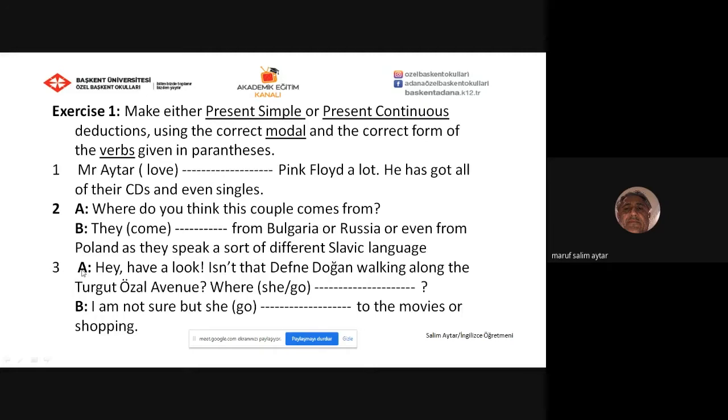In the third conversation, it says, hey, have a look. Isn't that Defne Doğan walking along Turgut Özal Avenue? Have a look gives us a clue that this should be a present continuous deduction. And how sure are we here? You need to have a look at it. See, two options.